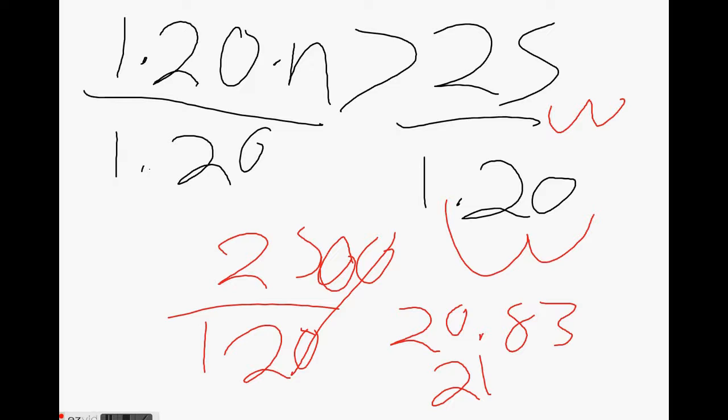So after taking about 21 times, it's no longer worthwhile to be spending $1.20. Might as well buy the $25 monthly pass. So anything over 21 times is not worth it. That's the whole point of the greater than sign.